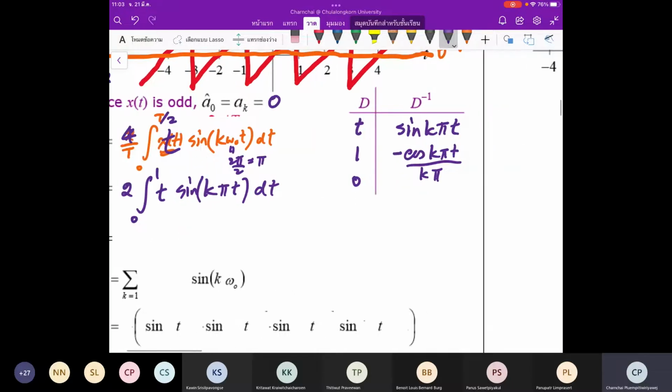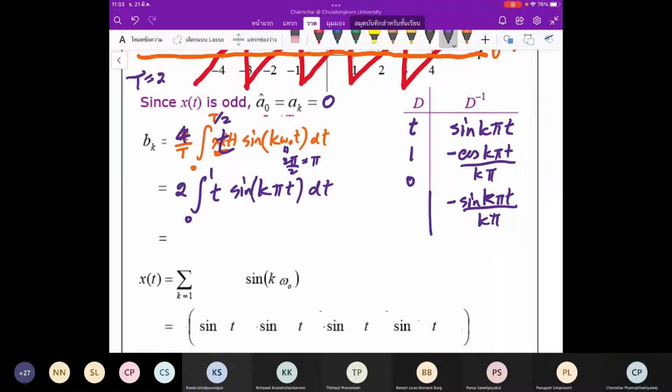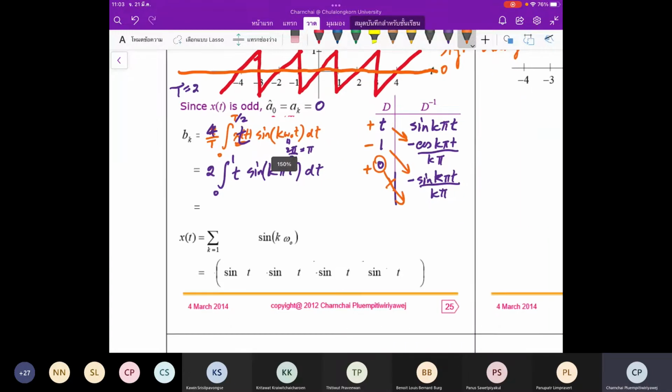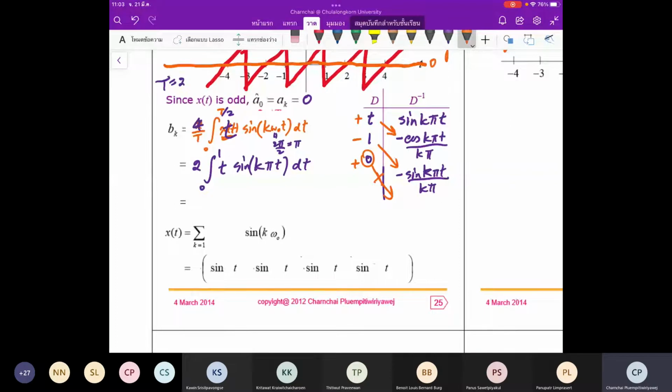Integrate again, we get negative sine k pi t over k pi squared. Don't forget to put in plus, minus, and so on. The zero doesn't matter, you multiply and get zero at the end. This is integration by parts using the table.